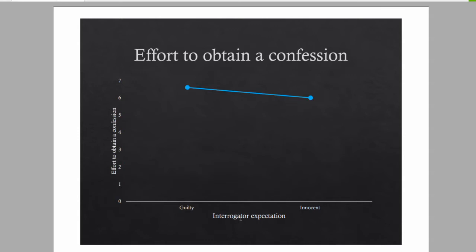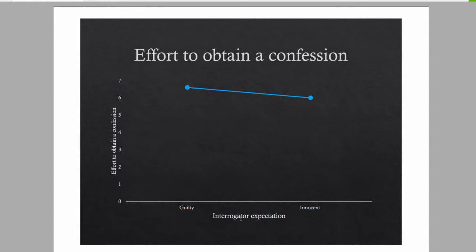So just to give you an idea of a t-test, for example, this is a study where I just copied their means and graphed it for you. I would say you'd rather show this as a bar graph, but anyway, this is fine. This was how much interviewers expended effort to obtain a confession from a suspect.